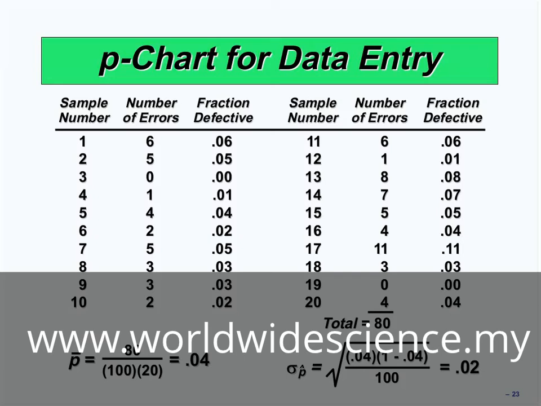So 100 multiplied by 20 gives you 2000. It means that in the whole 2000 products, the number of defectives was 80. 80 divided by 2000 gives you 0.04. This is P bar.